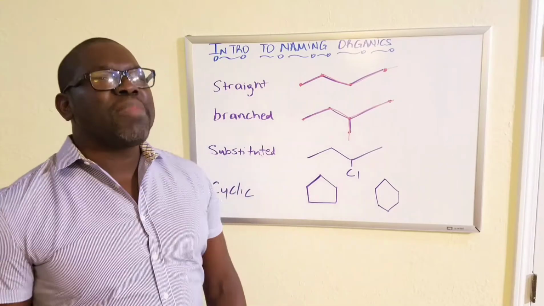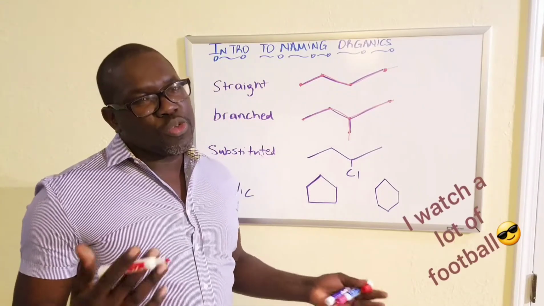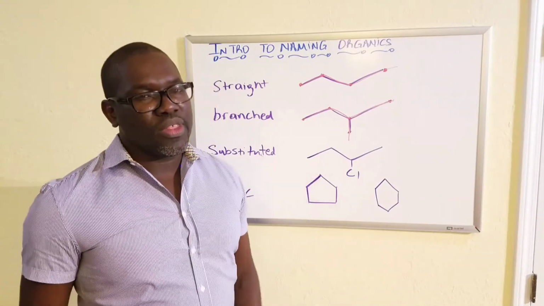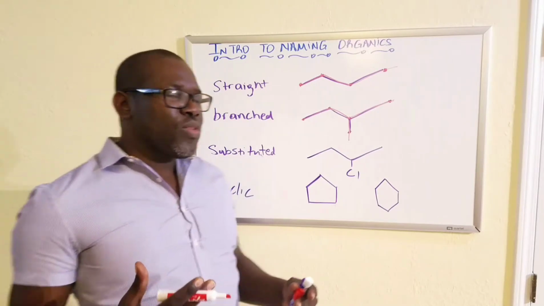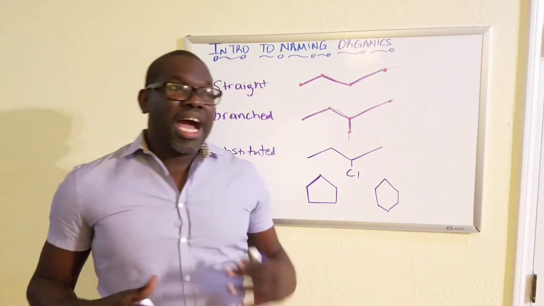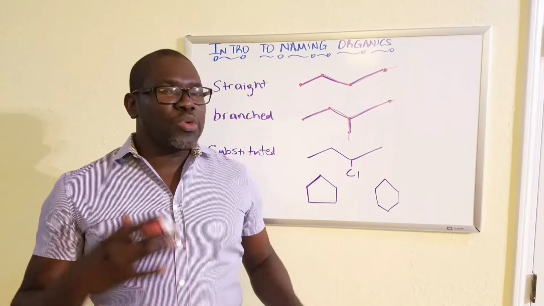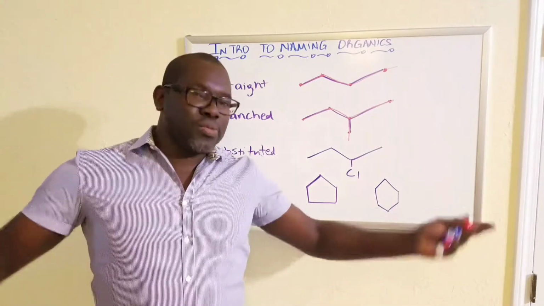Now what do we mean by substituted? If you watch sports, you know what a substitute is. Someone coming on to take the position of another person. Alright, it's the same thing here. Now generally what you find in organic compounds are carbon-hydrogen bonds. Now if you were supposed to replace one of those hydrogens with something else, we call it a substitution.